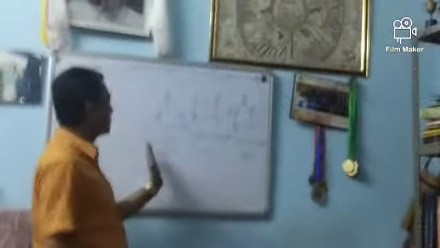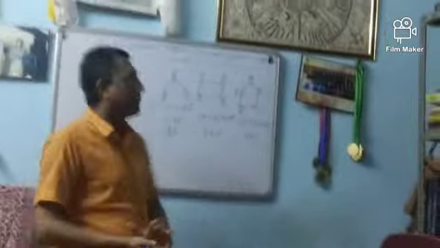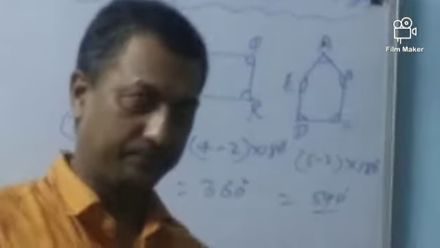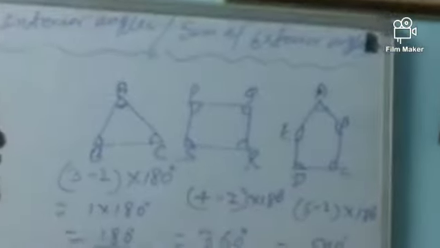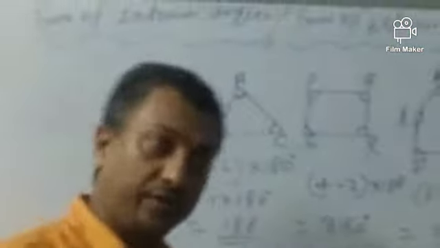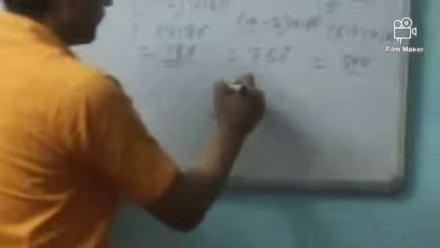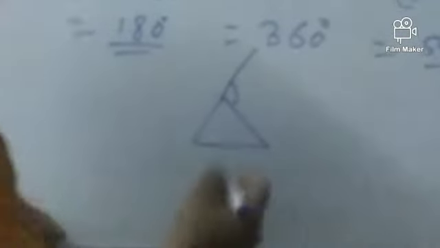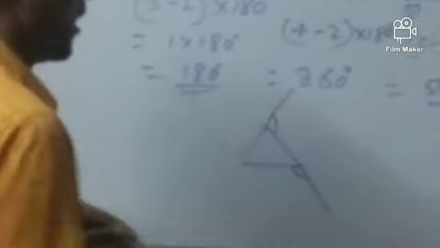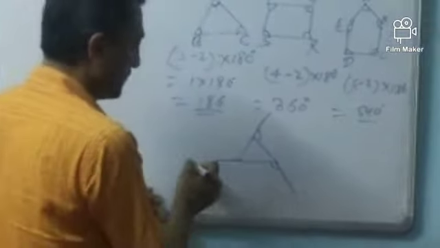Now it is very interesting when we talk about the sum of exterior angles. It is very easy to learn for any polygon. Take a triangle first. Exterior means outside, like this angle, this angle and this angle.